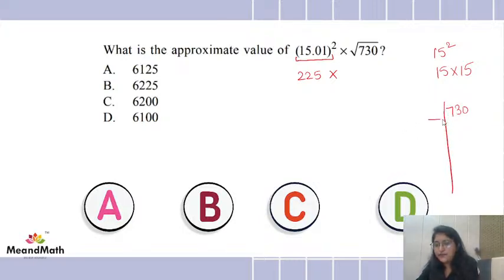Let's do that. First with the 2, what will we get? 2 sixes are 12, 3, 65. All right. Any doubt? Okay, next, 5 and 12.